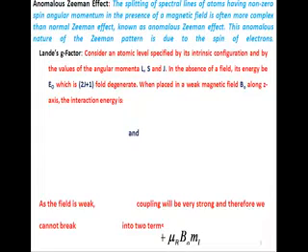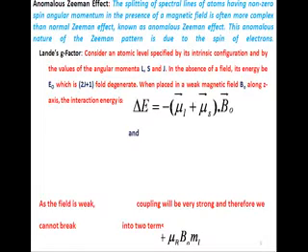When placed in a weak magnetic field B naught along the Z-axis, the interaction energy is given by delta E equal to minus bracket mu L plus mu S bracket dot B naught.